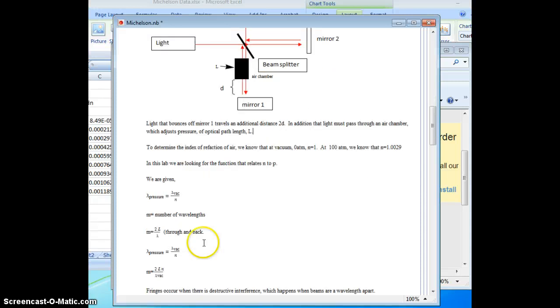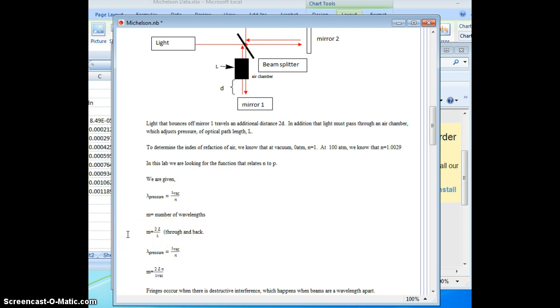M is the number of wavelengths passing through, and the number of wavelengths of light in this chamber is 2L, which I'm labeling L, divided by lambda.